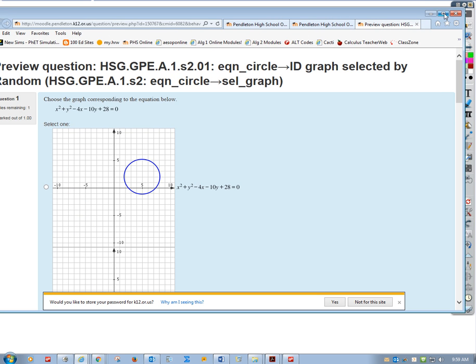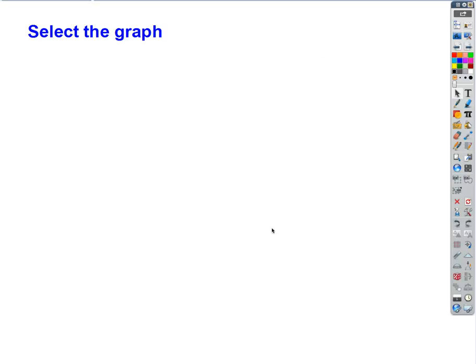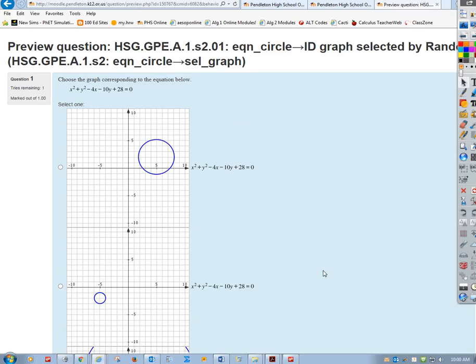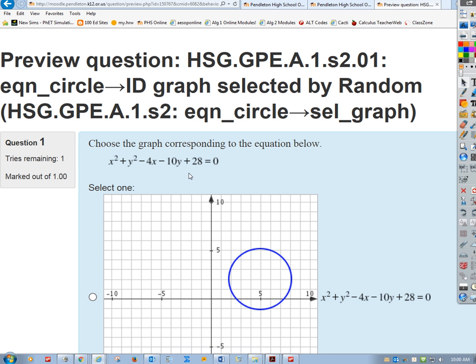So what about a problem like this one then? Let's just talk about how we could do this. We don't even have to do the whole thing. How could I do this problem? If they're giving me this equation, let me make this a little bigger. If they're giving me this equation up here, how could I know what circle is graphed by that?